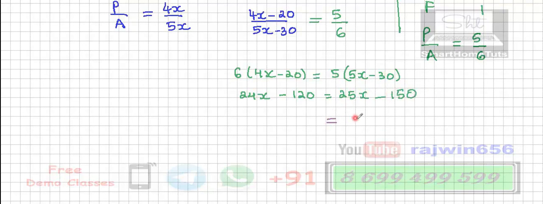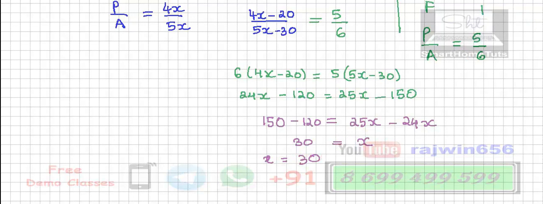Okay, so 150 will come over here on the other side, it is going to become 150 minus 120. 150 minus 120, 30. This is 30. This is equal to 25x minus 24x, which is only x. So x is equal to 30.